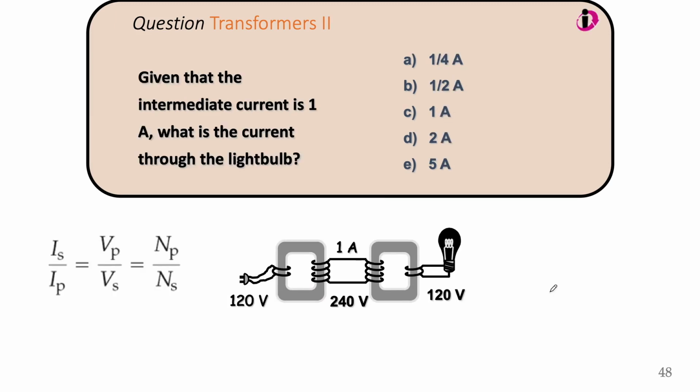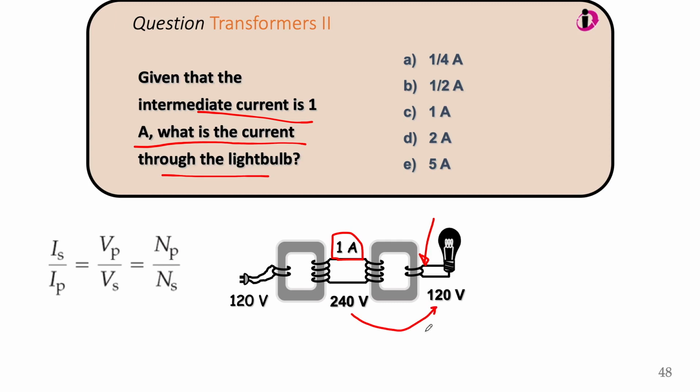Okay, let's look at this one. Given that the intermediate current is 1 ampere, what is the current through the light bulb? If the current here is 1, what is the current here? Just look at the second transformer.